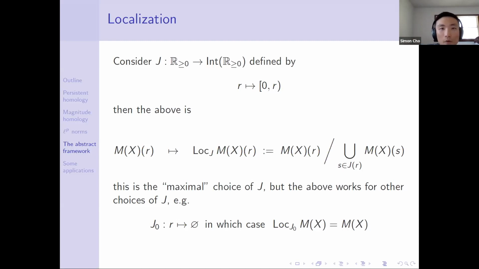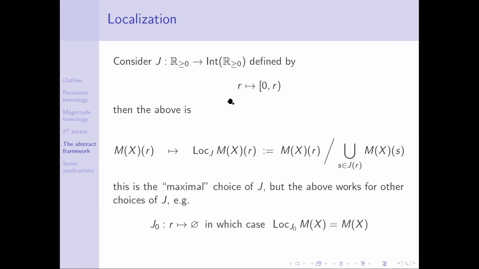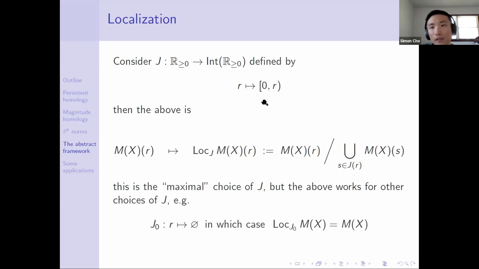You could say, for some small real number epsilon, for each R, return the interval from 0 to R minus epsilon. That's a perfectly fine choice of J. And in that case, you're forgetting most of the stuff that came before, but only up until a little buffer zone.